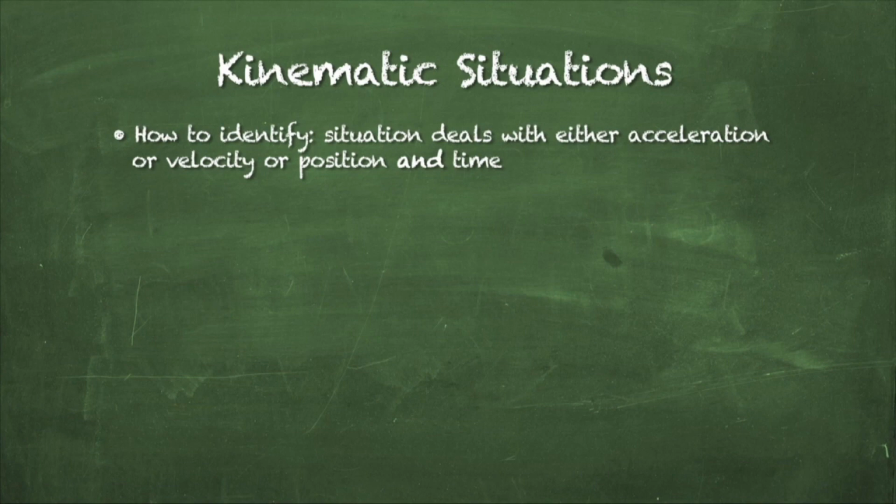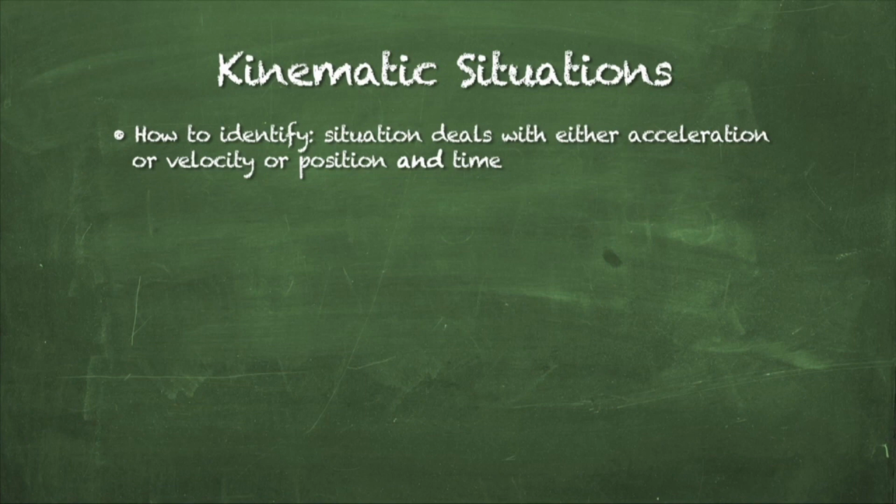We haven't talked about position yet, but you'll see that kinematics also involves position, and time. When we're dealing with acceleration, velocity, position, and time, we have a kinematic situation. The fact that these quantities are changing in time is our hint that we're dealing with a kinematic situation.